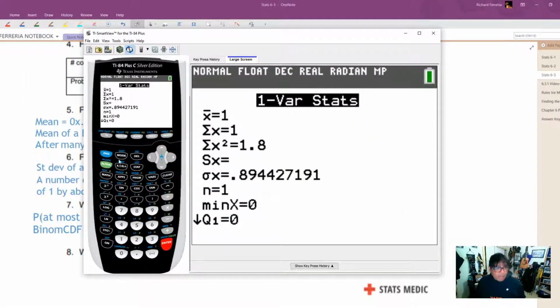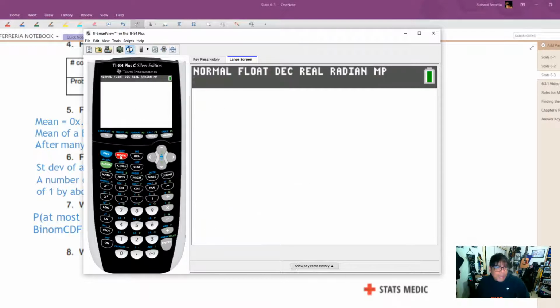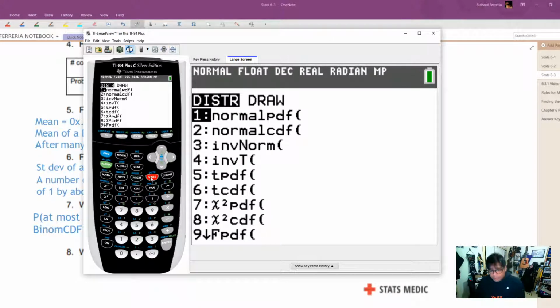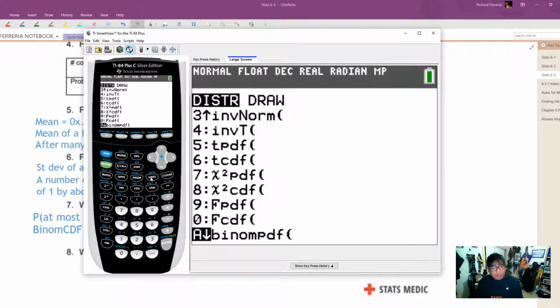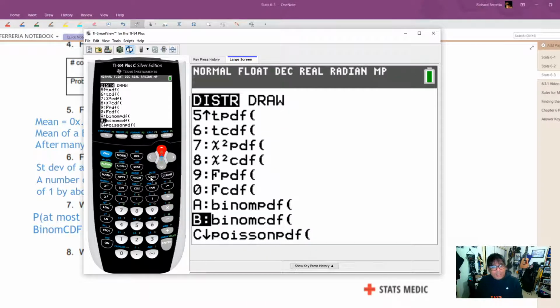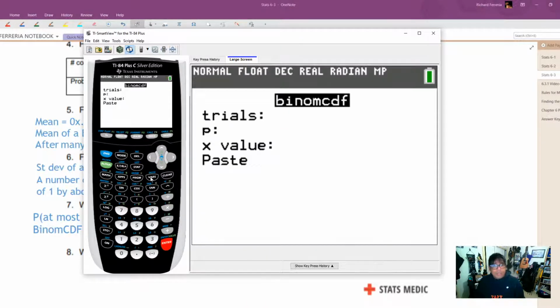If we get to our calculator, we actually have a calculator shortcut for that as well. Let's scroll to it. It's the other binomial one that you saw, binomial CDF. A binomial CDF calculates the probability of less than or equal to, so basically exactly what we did.